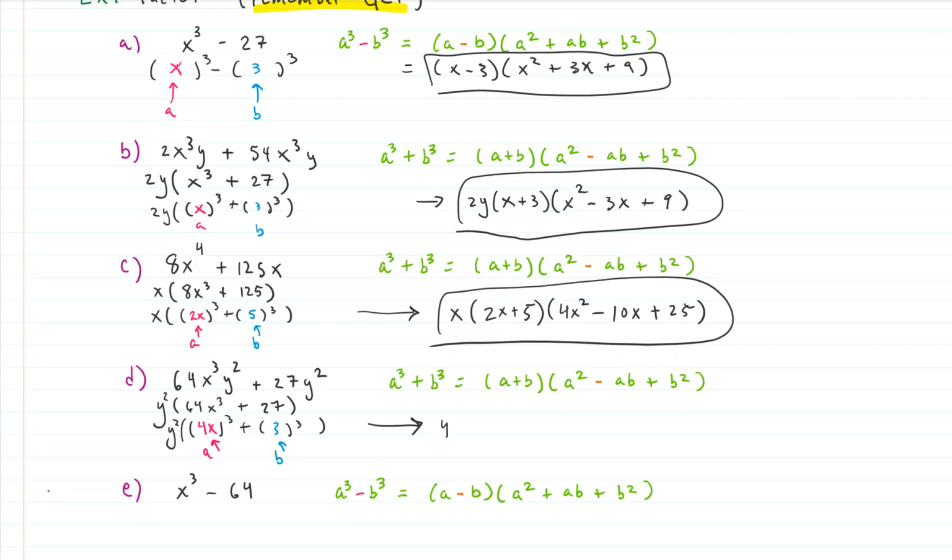So we have a y squared hanging out in front, and A plus B, 4x plus 3, and A squared is 4x quantity squared, which is 16x squared, minus A times B, which is 3 times 4x, which is 12x, and then plus B squared. B is 3, so 3 squared is 9. And we're done.